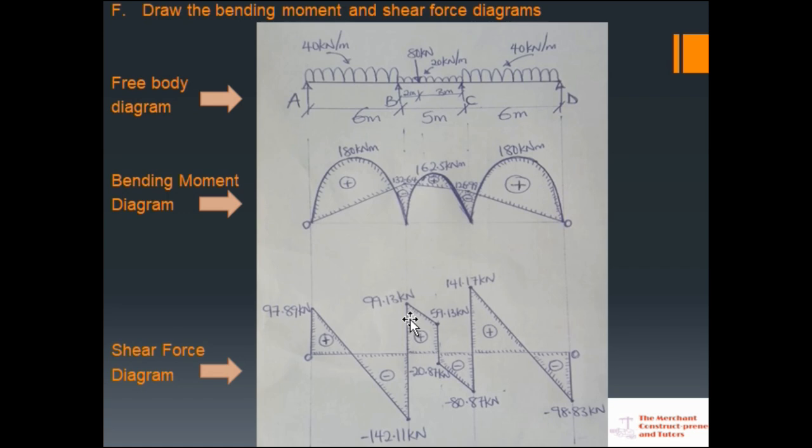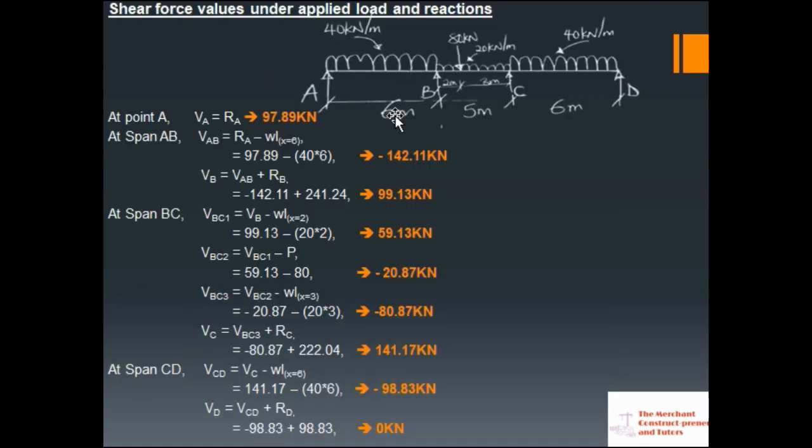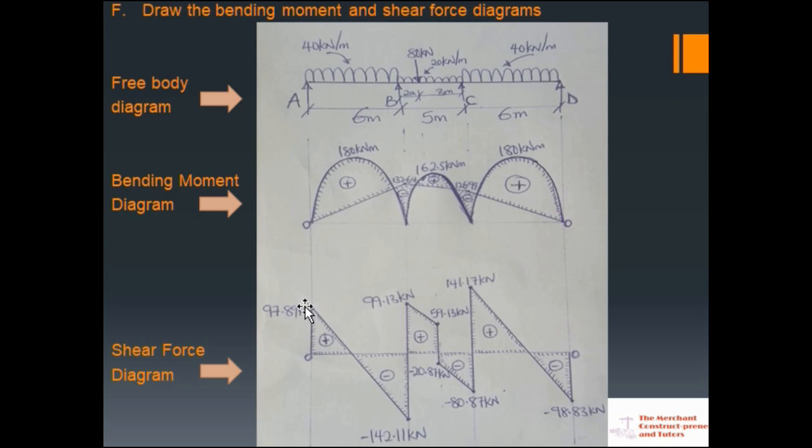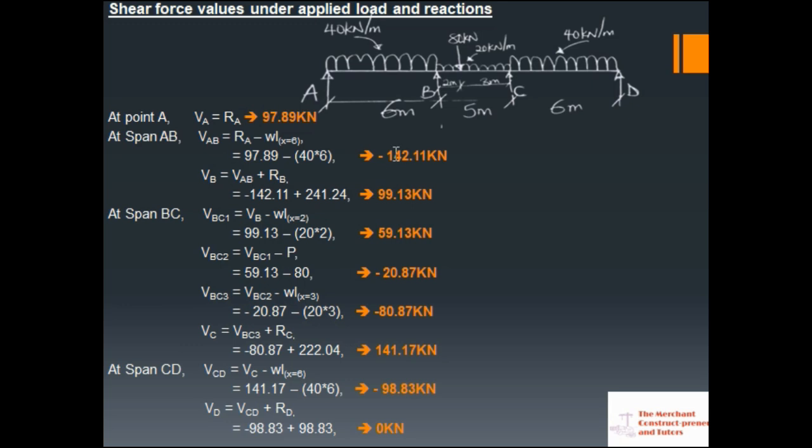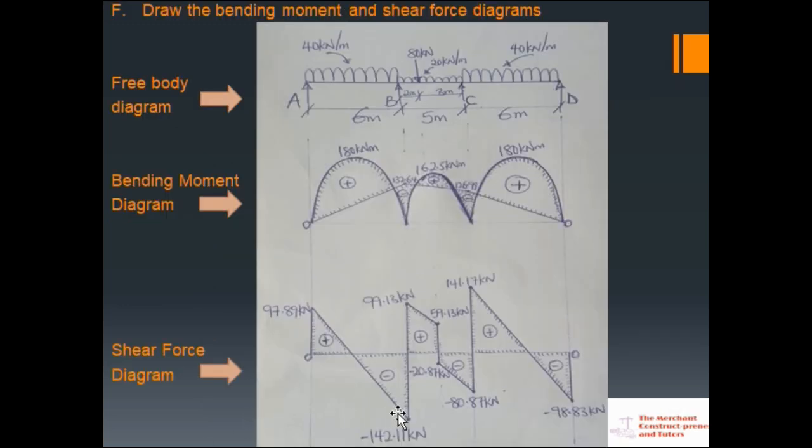So for the shear force, what we calculated here, we are going to replicate it here. So at point A, 97.89. This is it here. When you come down to this portion, you have minus 142.11. Are you seeing it? Come to the next one, up here, 99.13.